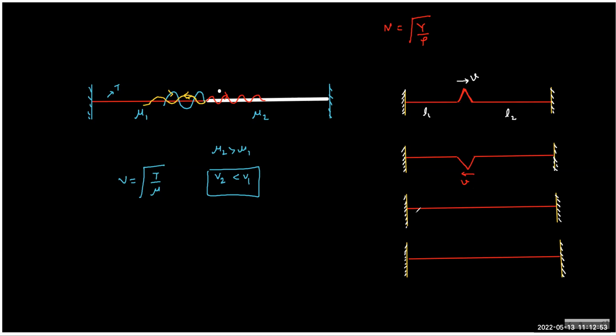Again, it will hit the left end, and then again it will change the phase further. Now in the next journey, yeah, that's the question. The question is this one.